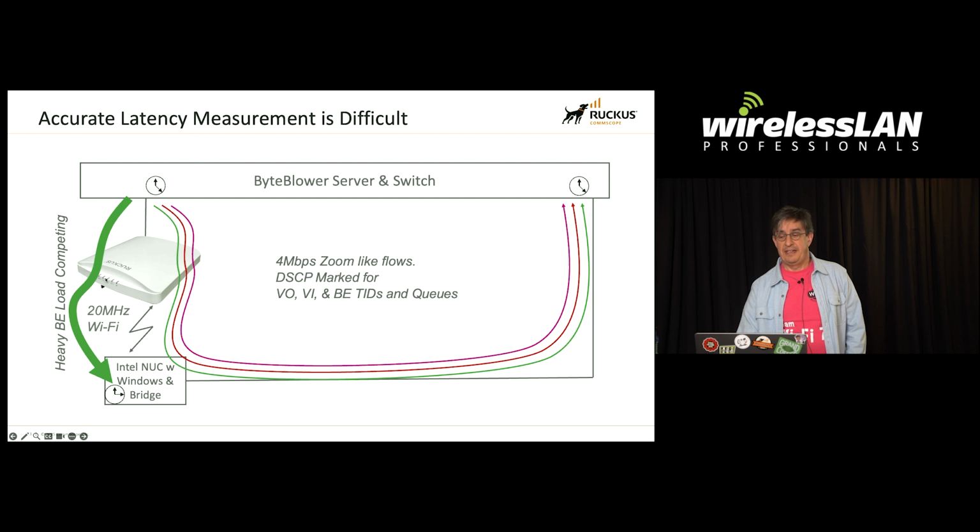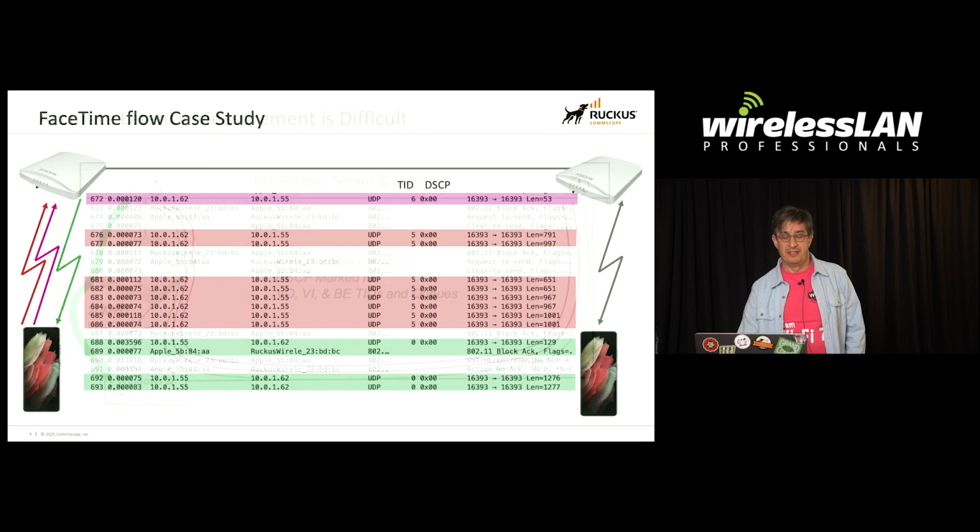So let's look at access categories in a representative application. Here we've got an iPhone doing FaceTime, and on the uplink, it's doing the right thing. It's putting packets into voice and video. Here you can see a voice packet. Here you can see video packets. The voice packet is small, the video packets are bigger.